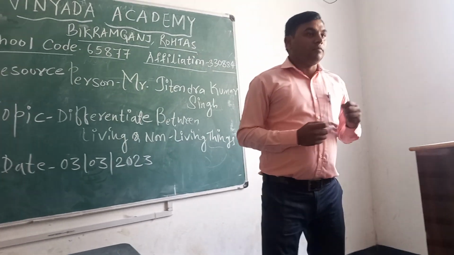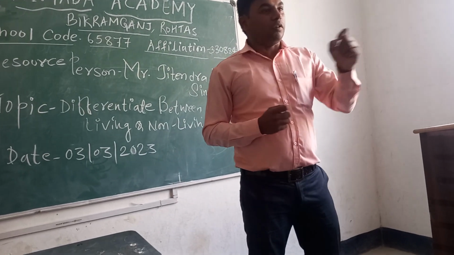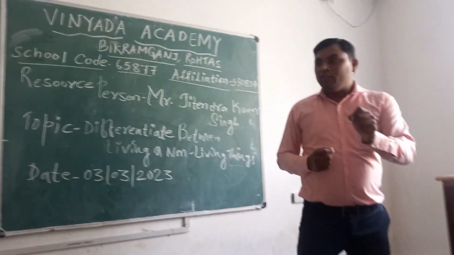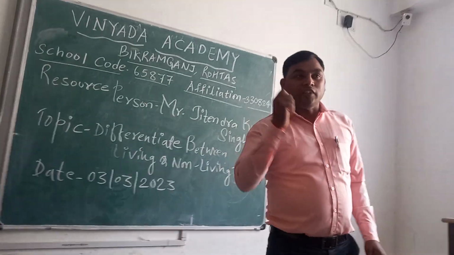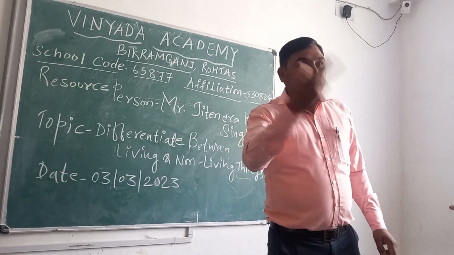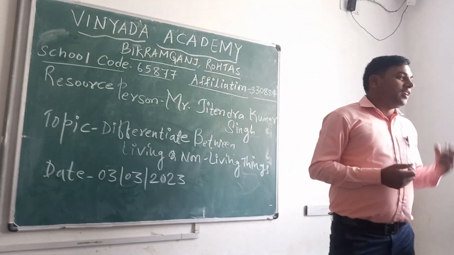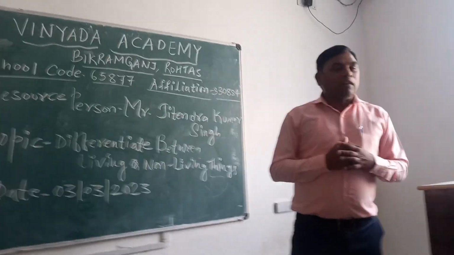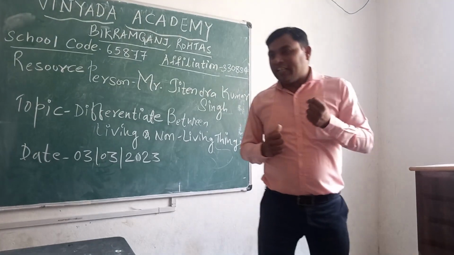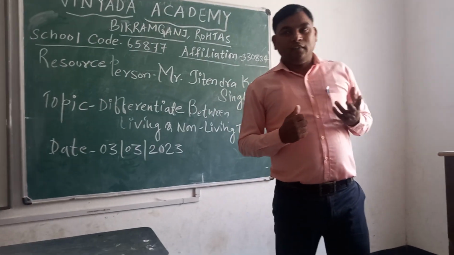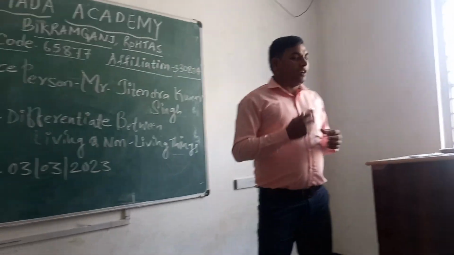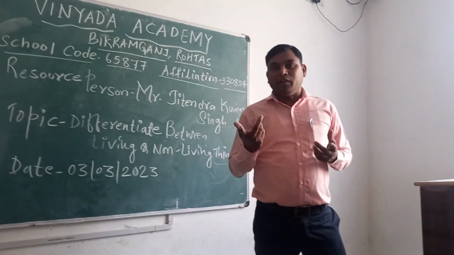The things which are made up of a single cell are called unicellular, and the things which are made up of many cells are called multicellular. For example, unicellular means made up of a single cell, like amoeba, hydra and so on. And multicellular, we human beings are living beings. Okay.